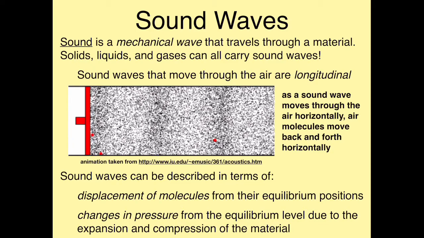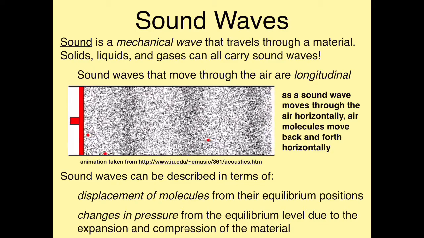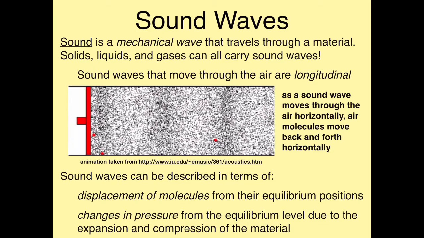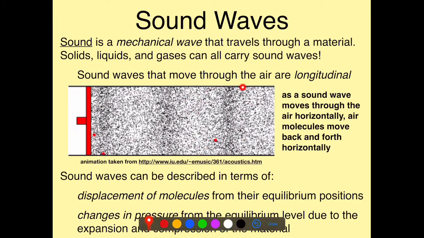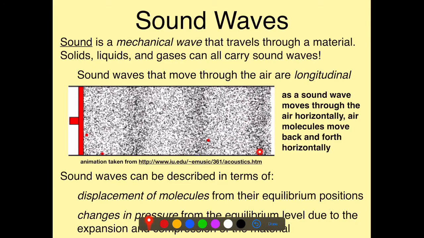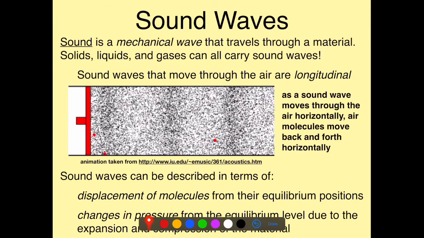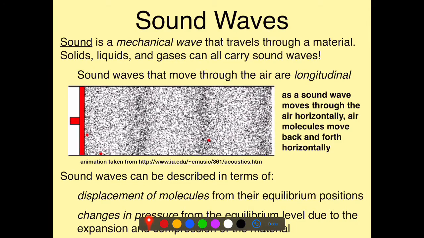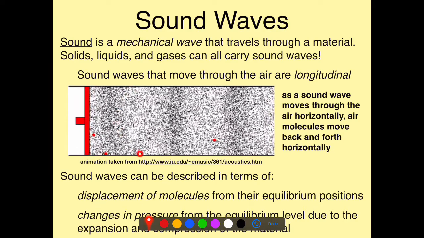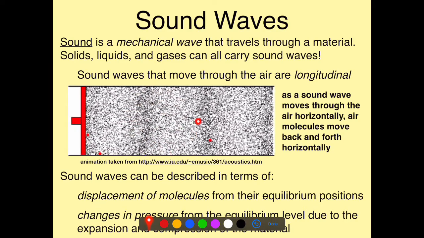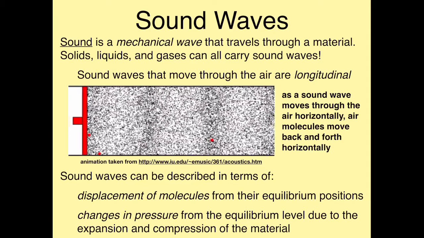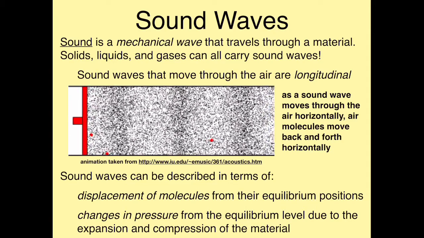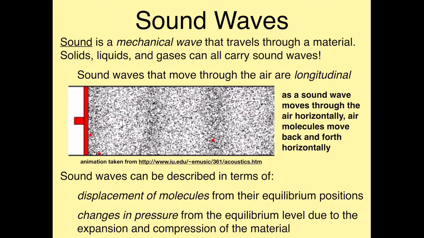But also notice that in certain parts of the sound wave, the air is compressed and it's more dense and it has a higher pressure than the rest of the air. And in other parts of the sound wave, the air is expanded, it's less dense, it has a lower pressure than other parts of the air. In other words, what's happening is we have these changes in air pressure from some equilibrium levels.